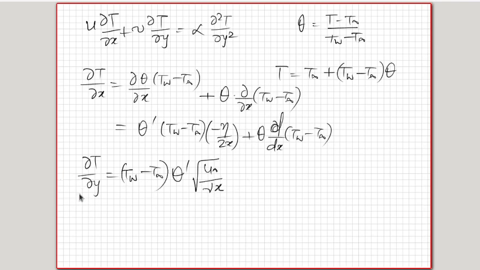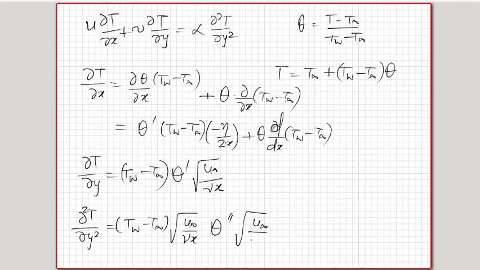Okay, so this is del T by del y. Now del square T by del y square would be equal to, this is again a constant, so I can just write it like this, T wall minus T infinity, and multiplied by square root of u infinity by nu x is again a constant, so it will become theta double prime multiplied by del eta by del y again, which is square root of u infinity by nu x, which will actually become u infinity by nu x multiplied by T wall minus T infinity into theta double prime.